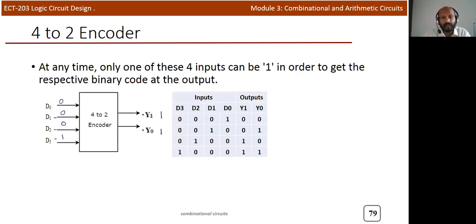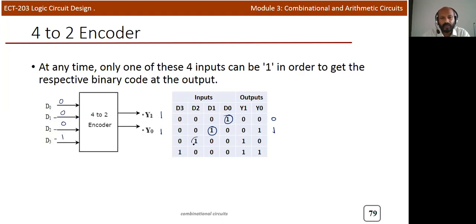Now we can see the truth table of that 4 to 2 encoder. For the output lines y1, y0, if D0 is 1, we'll get 0, 0 at the output, which is equivalent to 0. Then when D1 is equal to 1, at the output side you will get 0, 1, which is equivalent to 1.